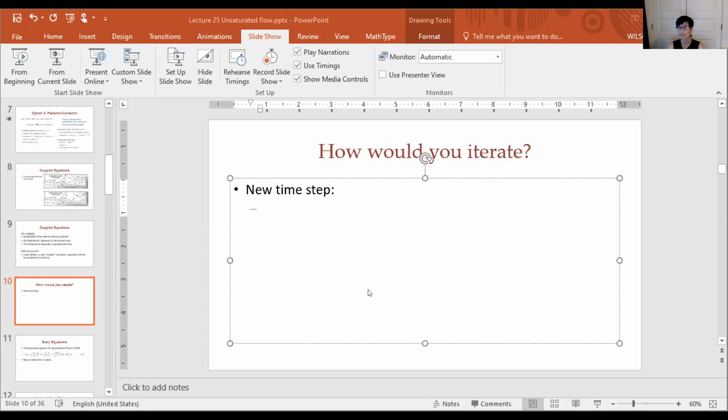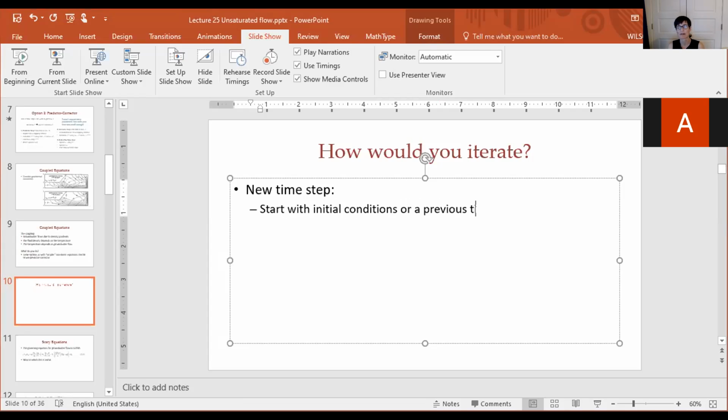So should I solve a governing equation to start with? Or start with some initial conditions? Yeah, I suppose you would start with some initial conditions first. Actually, that's a good idea. Okay, so start with initial conditions. Or I'll just say, or a previous time step.